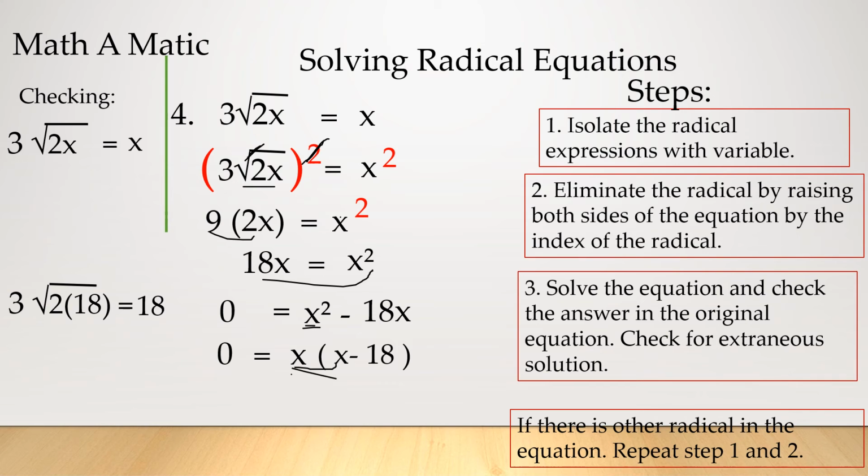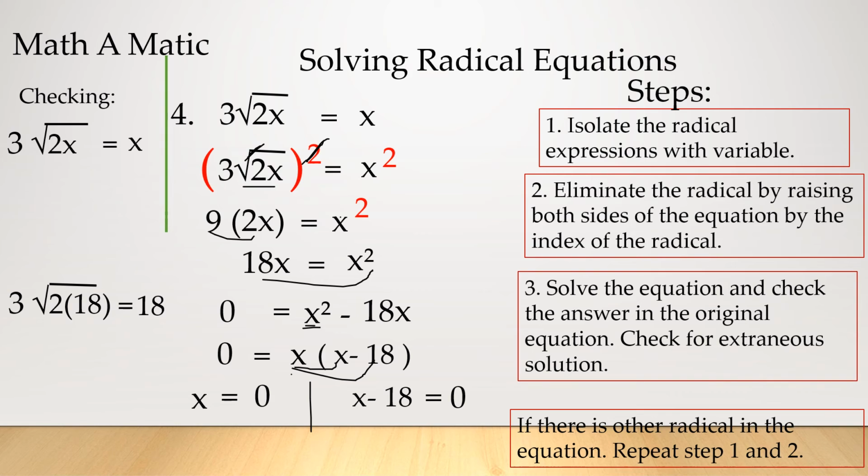And x times 18, that is 18x. Now, since the product is equal to 0, or this factor equal to 0, it means that we can equate them both to 0. x is equal to 0. The other one is x minus 18 is equal to 0.